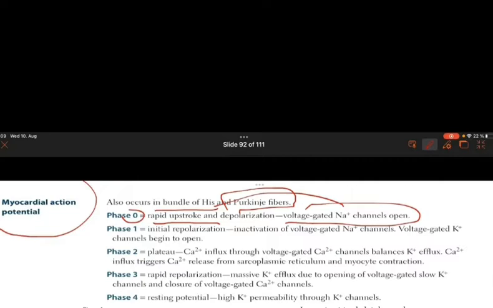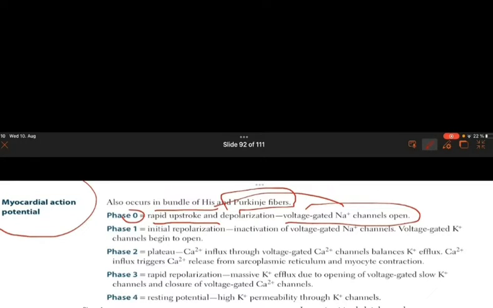So as you can see here, the first thing that happens is the sodium channels open and the sodium goes into the cell. Here you have inside the cell and here you have outside the cell. So in phase 0, the sodium channels open and get the sodium from the outside of the cell to the inside of the cell.